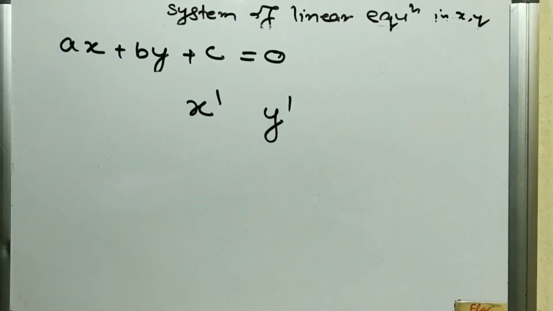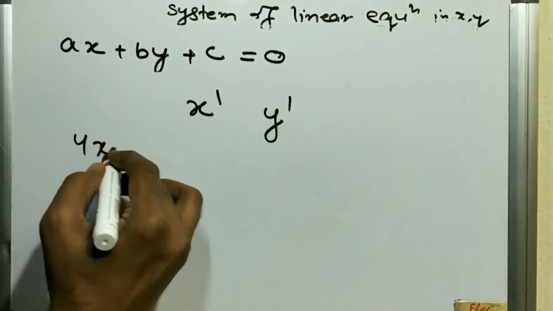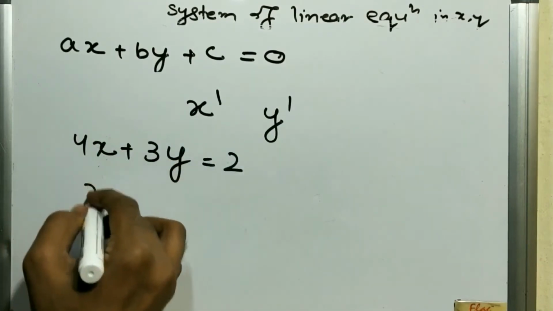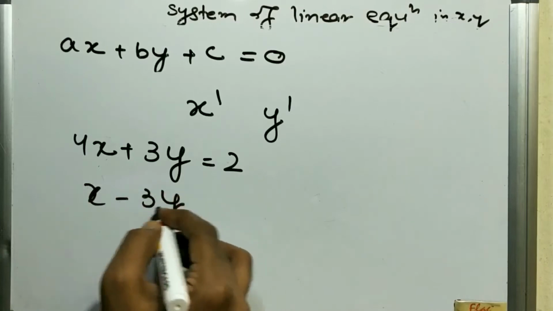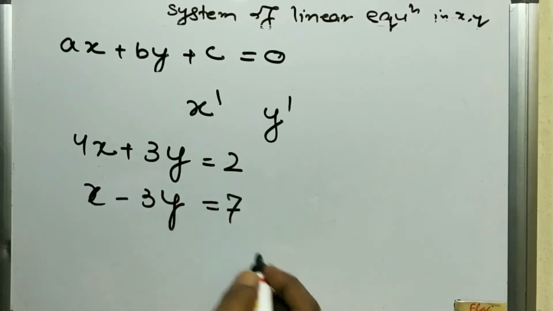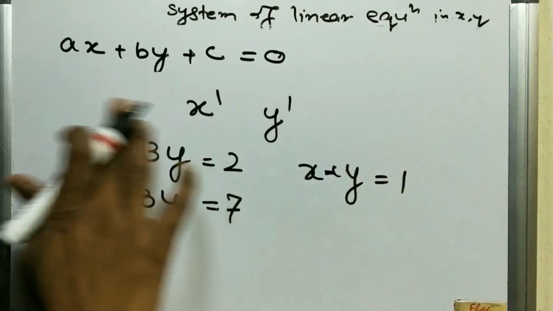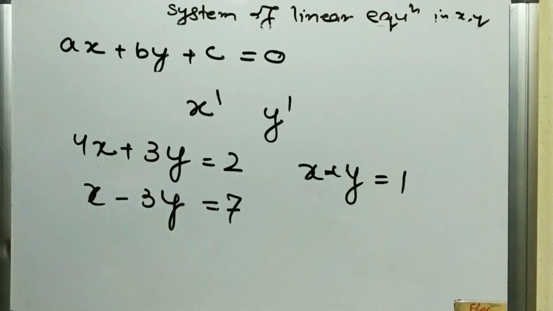So for an equation to be linear, the power of the variable must be unity. For example, 4x plus 3y is equal to 2, x minus 3y is equal to 7, x plus y is equal to 1. These are all examples of linear equations.